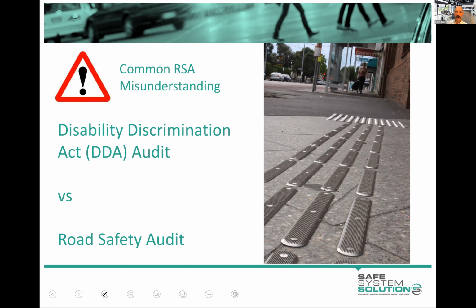Unless it was outside maybe a hospital or something like that. But most of the time, with DDA issues that I just spot, I just know. But I'm clear to say that you're not doing a compliance check with the DDA Act here. That's a separate exercise.